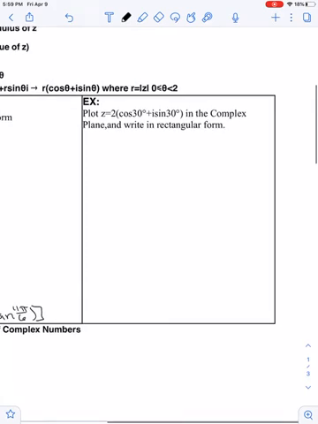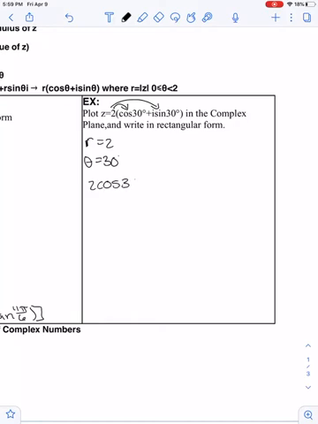Okay. Next, we are going to plot the point z equals 2 cosine theta plus i sine 30 degrees in the complex plane and write it in rectangular form. So first we know that r equals 2 and theta equals 30 degrees. To put this into rectangular form, we're just going to first distribute the 2 to each item in the parentheses.